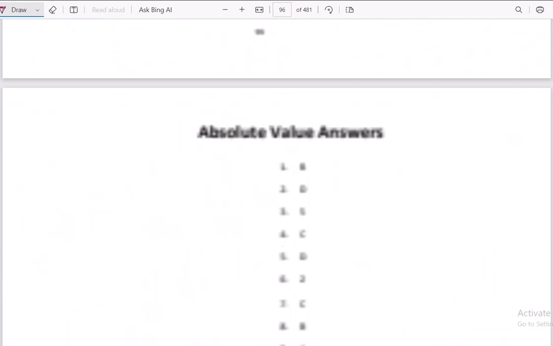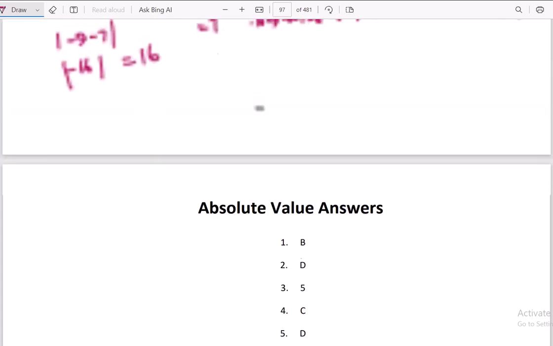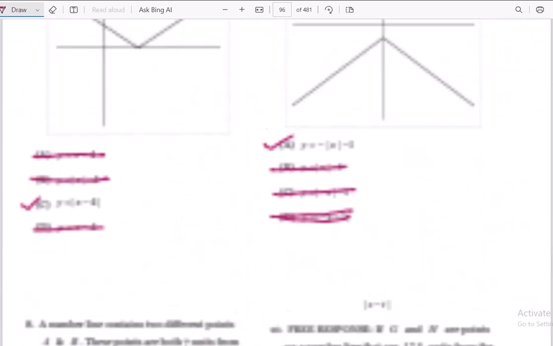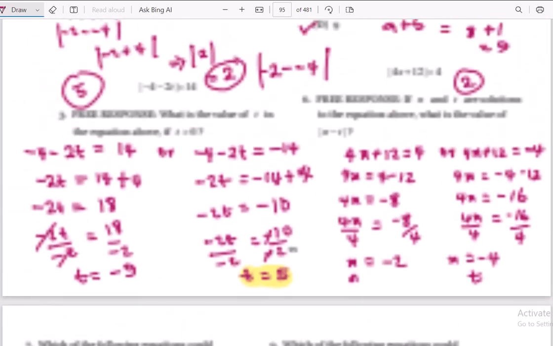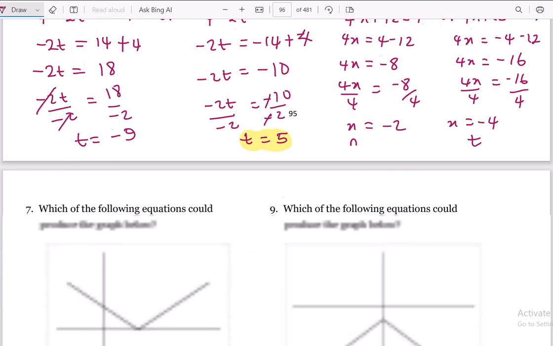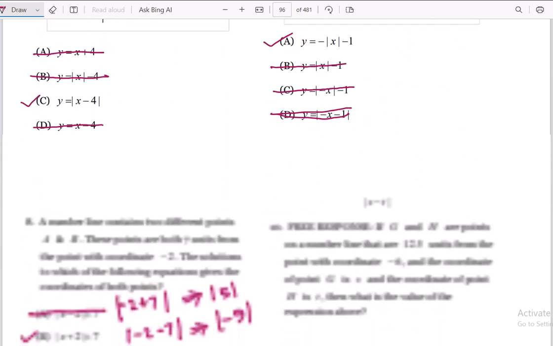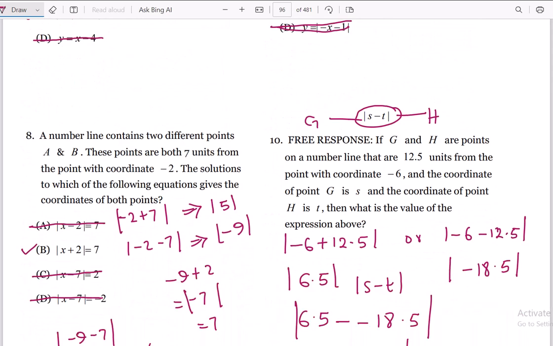Just trying to review. 6 to 10 says 2CB825. Number 6, what did we get? We got 2, so 2C. Number 7 is C. Number 8, B, right?